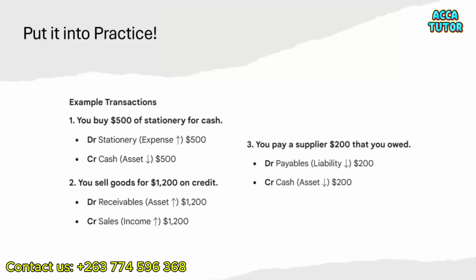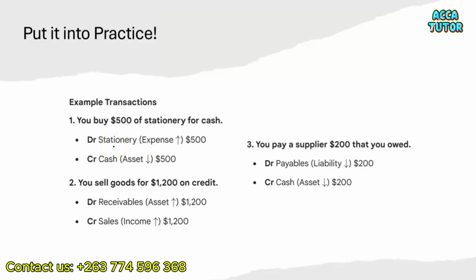Let's proceed. Let's talk about practice, because practice makes perfect. Let's start with the first example. You buy $500 of stationery for cash. The double entry you need to do is to debit the stationery account, which is an expense account.